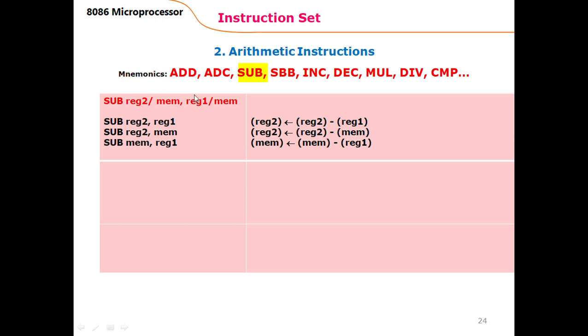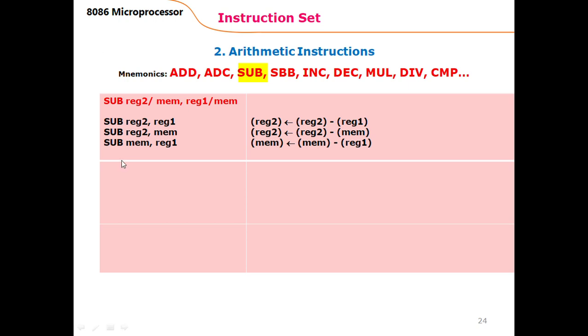It subtracts the value provided as memory or register from this memory location or register, and the result of the subtraction is stored back into this operand. This is the source of data, and this is the source as well as the destination of the computation.